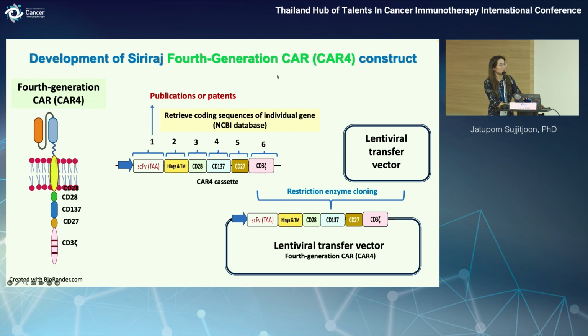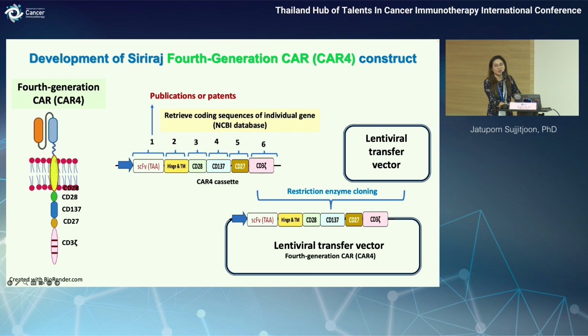You can do it the simple way: just select the sequences and synthesize the gene fragment that links the genes that you want. For example, you select the gene encoding the CD8 transmembrane domain and the intracellular signaling domains of CD28, CD137, CD27, and link to the CD3 zeta. You just synthesize this fragment and use it as a template in the PCR reaction. It was an easy way that our collaborator suggested to us.